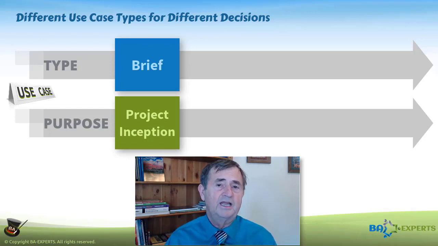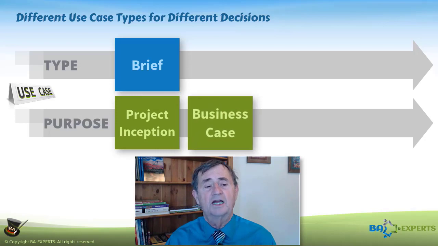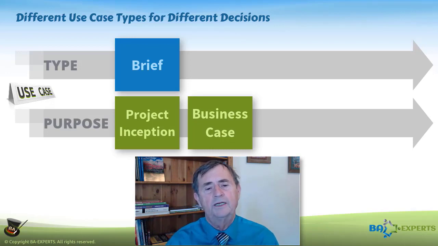But it should be kept to a bare bones minimum, following the principles of lean, making sure that you're keeping the thing lean by not wasting time developing a lot of detail that nobody's going to need. At the point in time when you make a business case, meaning you're trying to decide whether this project is go or no go, if the brief is insufficient, you may have to create an outline.